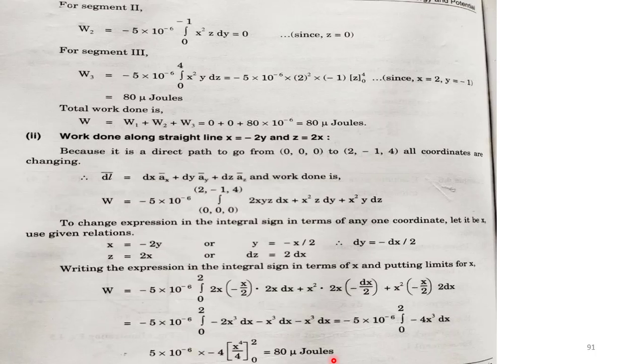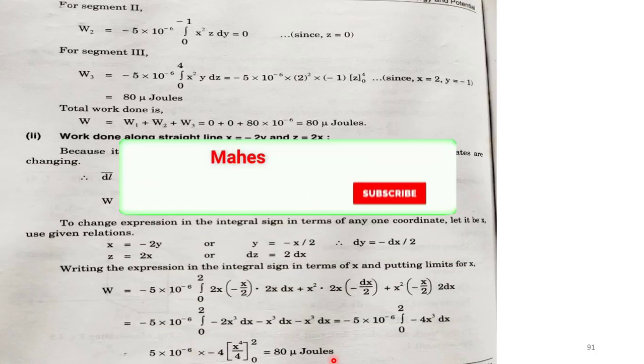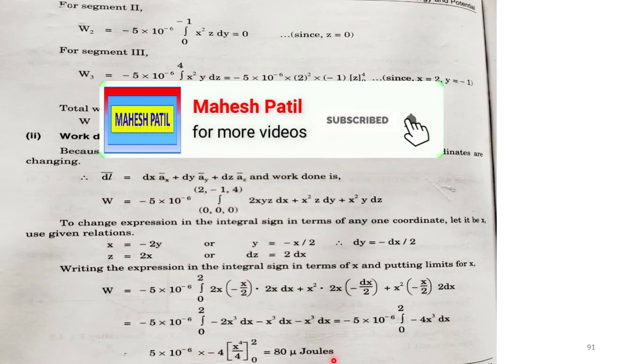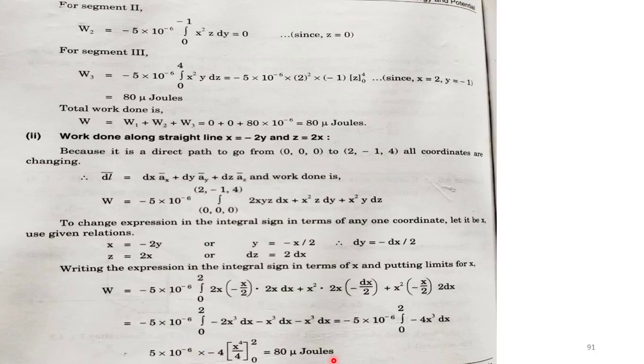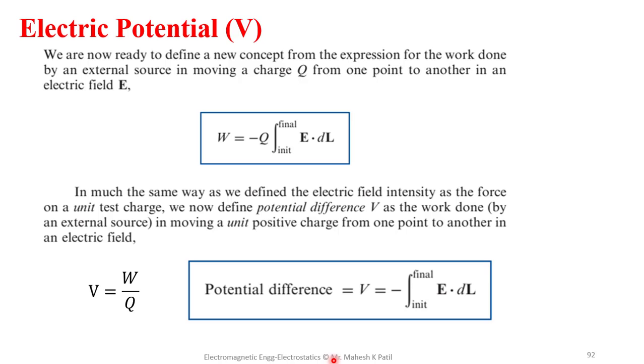So it says that work done is independent of the path. Your initial point and final point is given, so you can go by using any path towards your destination. So work done is independent of path.